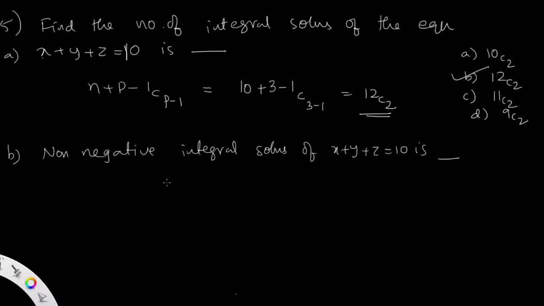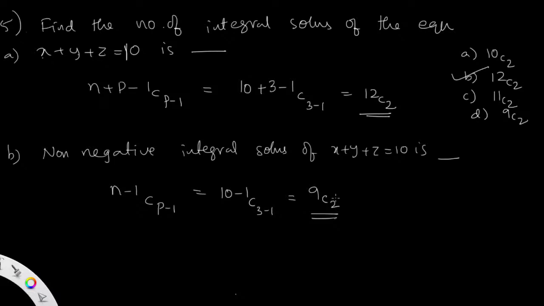If they are given as positive, it means 0 is not included. So the formula is n minus 1 C p minus 1, then 10 minus 1 C 3 minus 1, that is equal to 9C2.